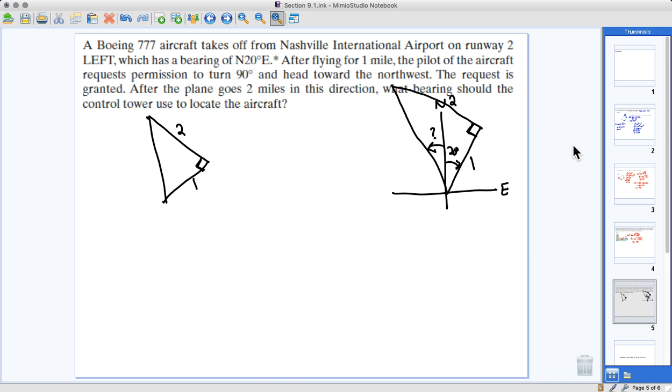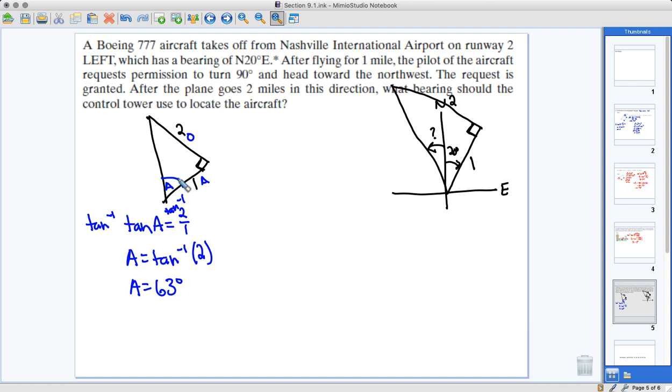For this angle right here, I'll call it angle A. That's your opposite side, that's your adjacent. So tangent of A equals 2 over 1. Again, tangent inverse, because we're finding an angle. So A is the tangent inverse of 2, which is 63 degrees.